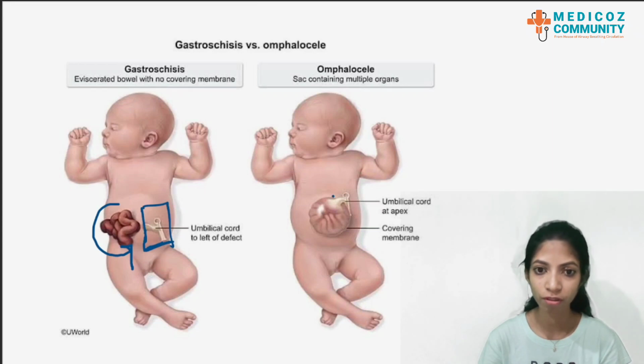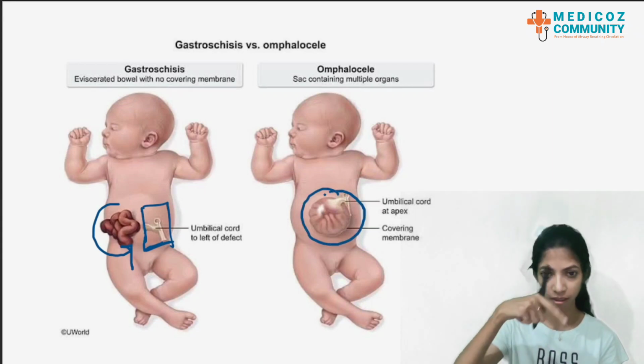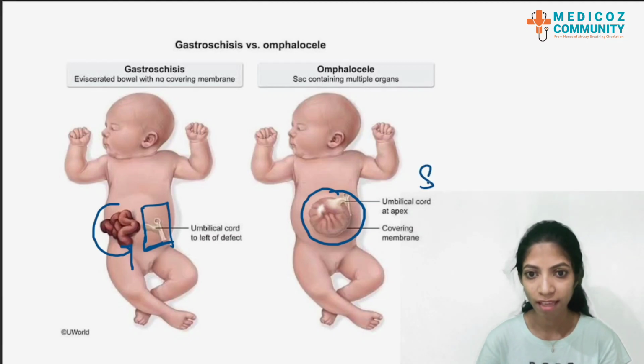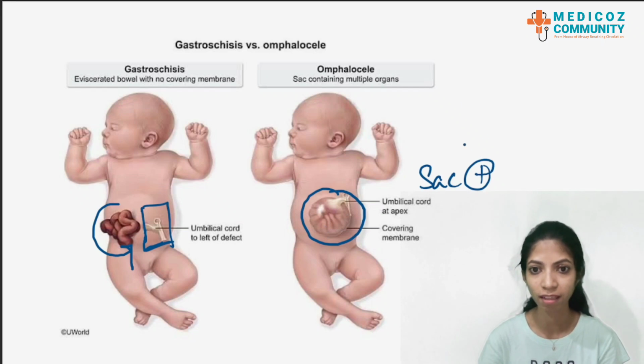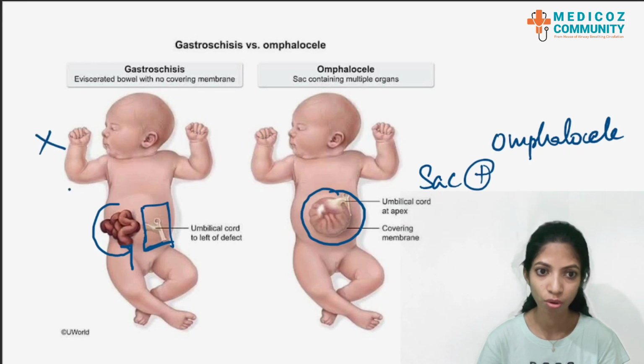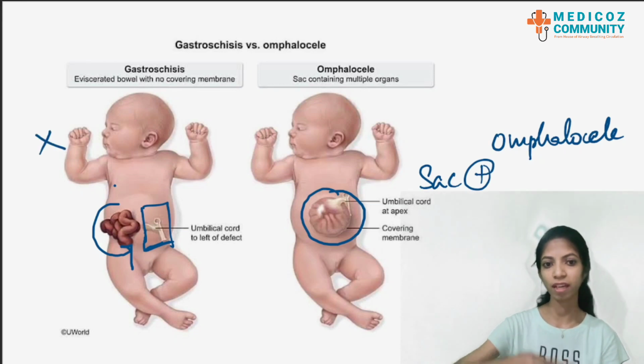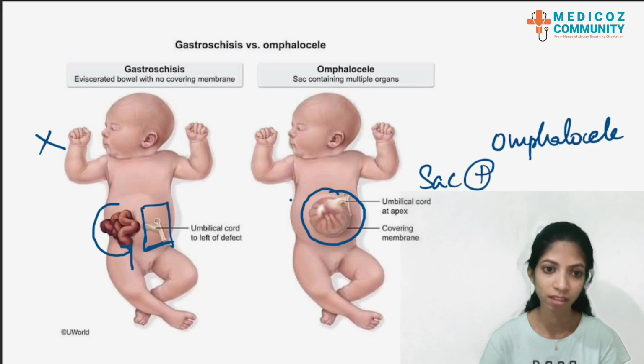But in case of omphalocele, what is it? It is coming from the umbilicus, the circular thing. So there is a sac present. If you see this covering or the sac, then it is an omphalocele. If the sac is absent, there is no covering, the bowel is directly exposed to the environment, then it is a gastroschisis.